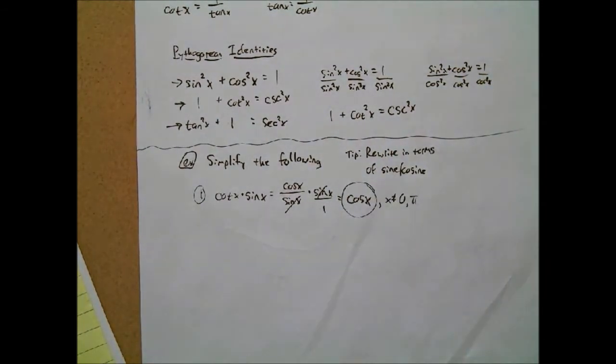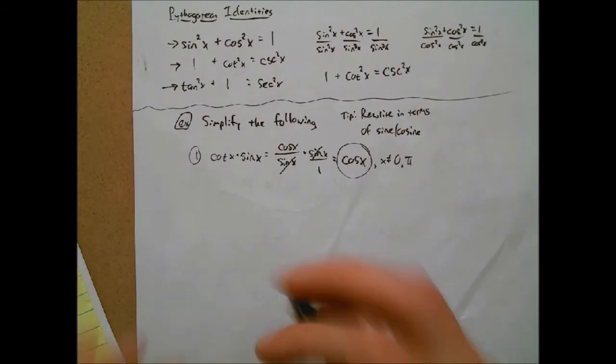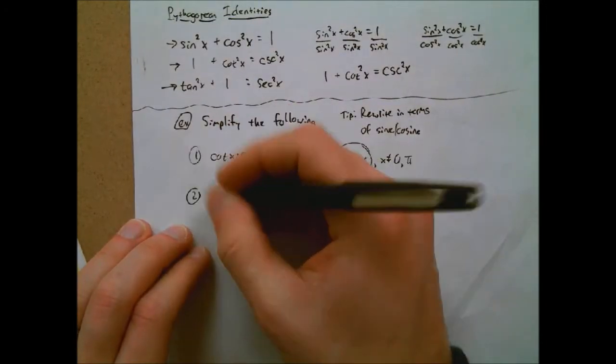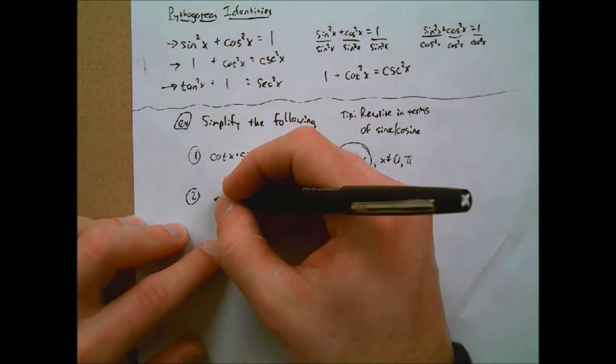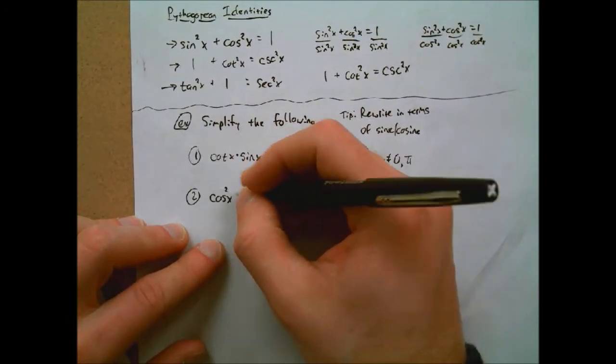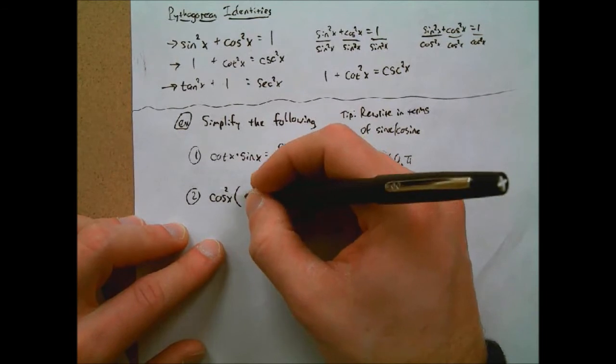All right, let's try another one here. Let's do cosine squared x times secant squared x minus 1.